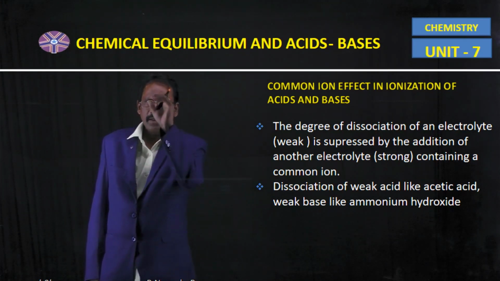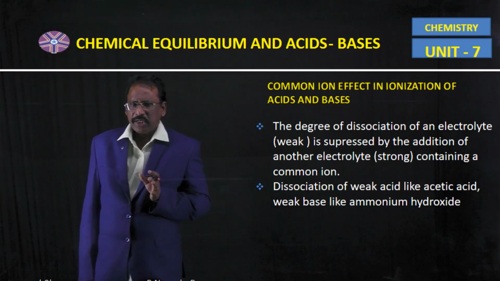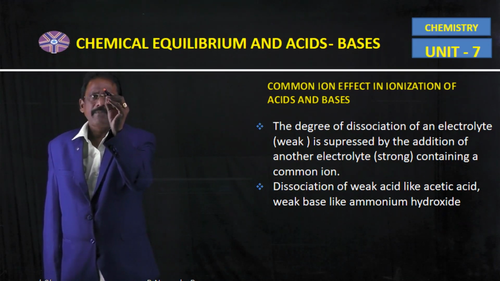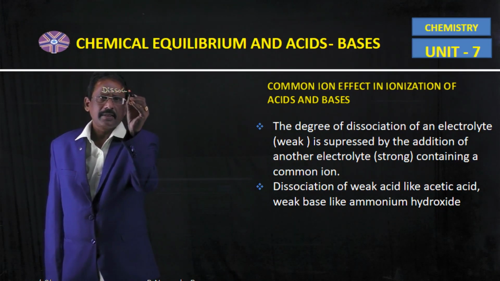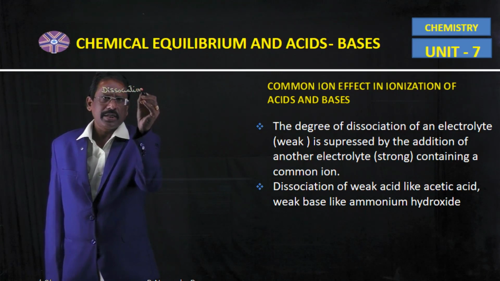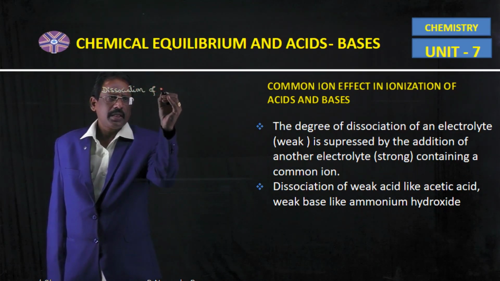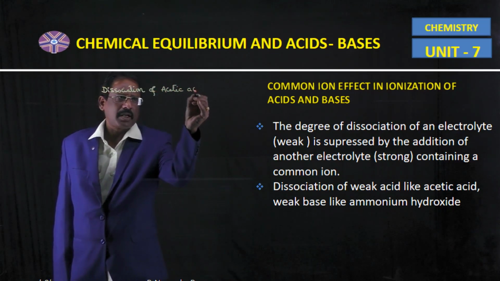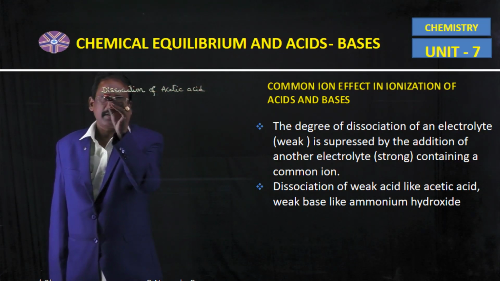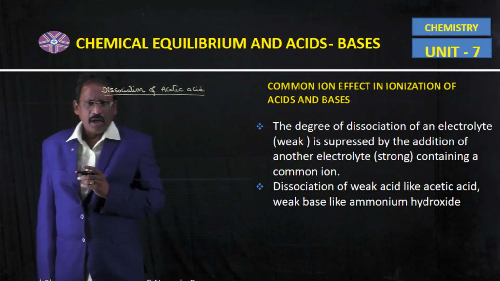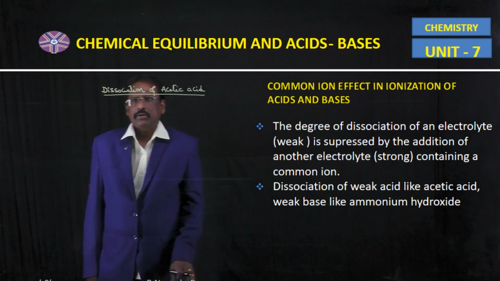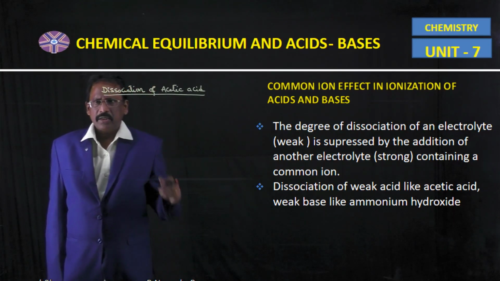For example, the dissociation of acetic acid. Acetic acid is one example of a weak electrolyte. All strong acids act as strong electrolytes because their ionization is high.